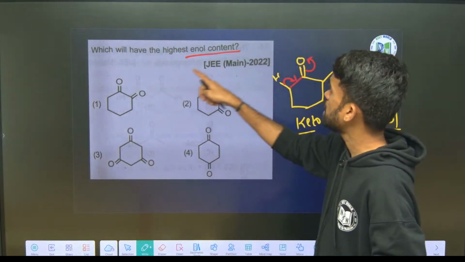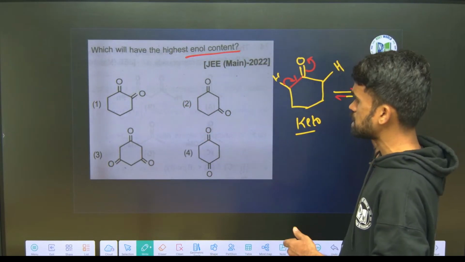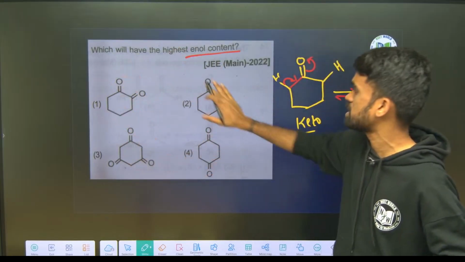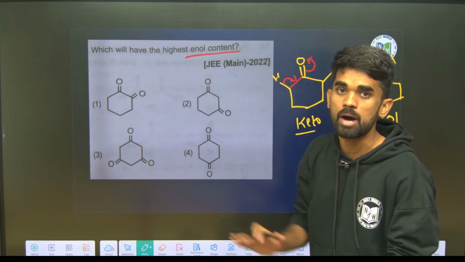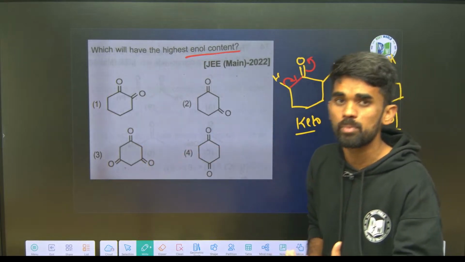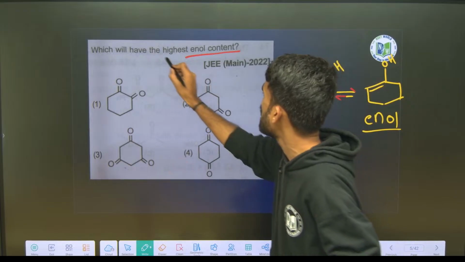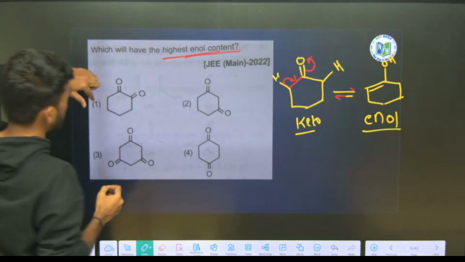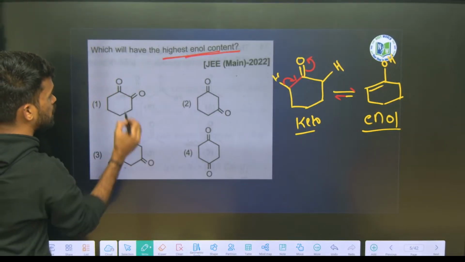Okay, so for highest enol content, by this concept you can write the keto and enol forms of all these structures, so that you will get a more stable compound. If you are getting a more stable compound in the enol form, that will have the highest enol content right now.